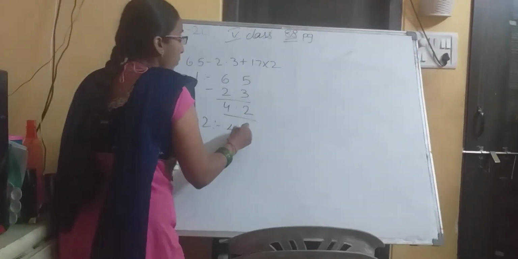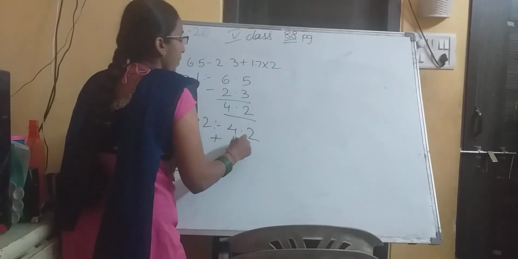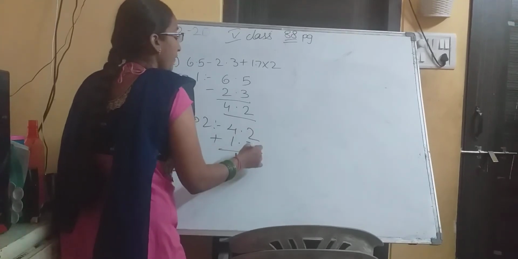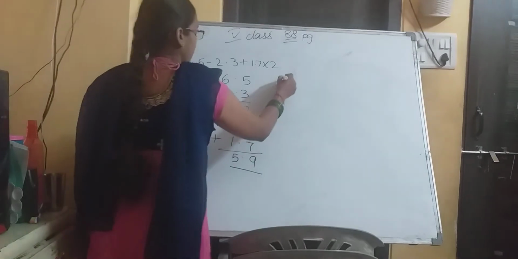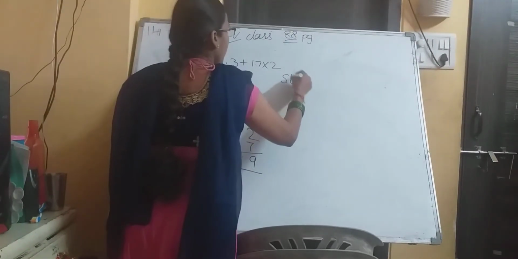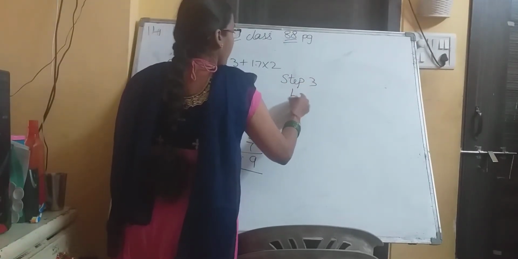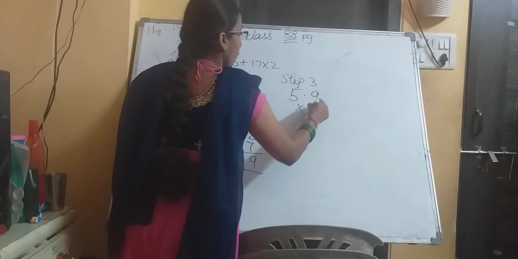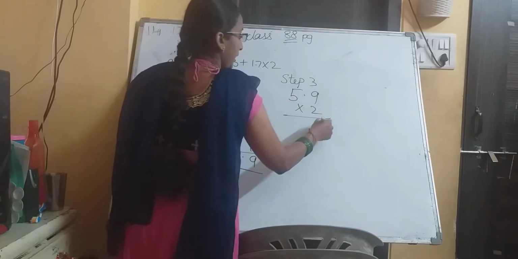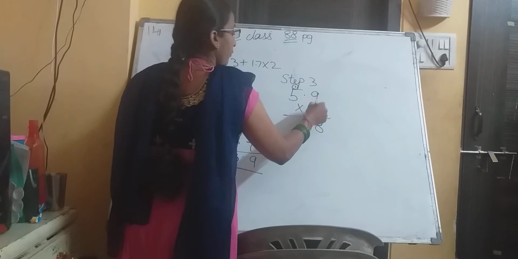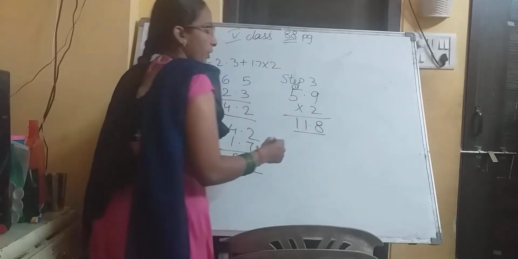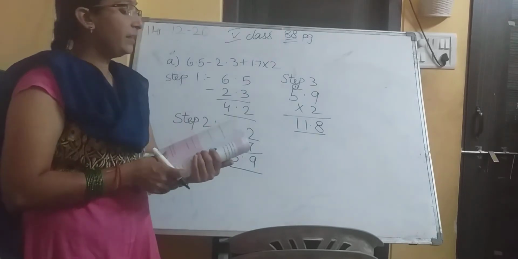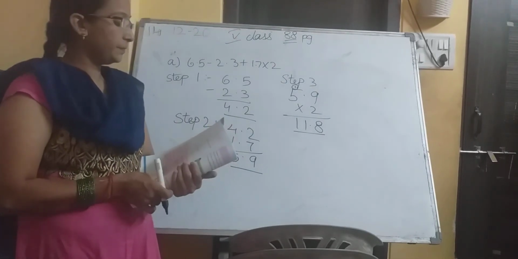Add this. 4.2 plus 1.7. 2 plus 7, 9. 4 plus 1, 5. Now step 3. 5.9 into 2. 9 twos are 18. 5 twos are 10, 11. After 1 digit, point. Okay, 11.8. Over.